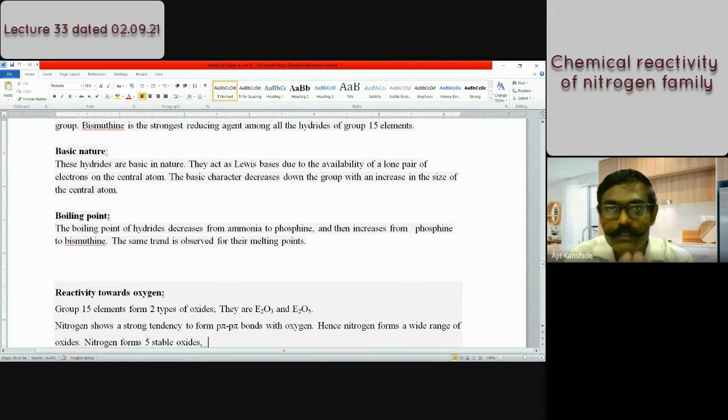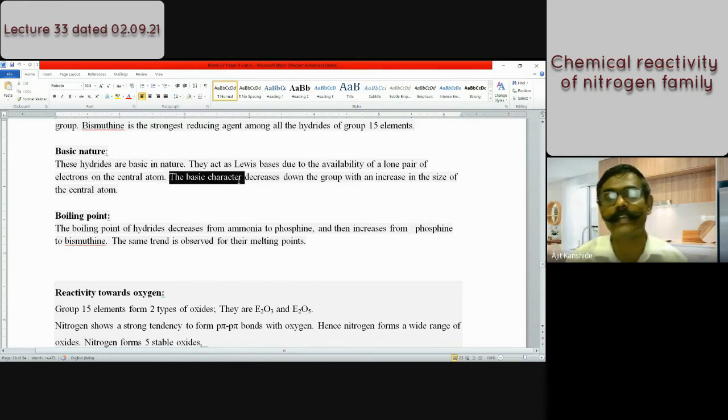Whatever answers you have given now, two or three students have given the answer. What might they have thought? They might have thought on the point of electronegativity, which is not applicable here. Despite the high electronegativity of nitrogen, the nitrogen in ammonia is a good donor compared to bismuth. Therefore, basic character will decrease as we move down.